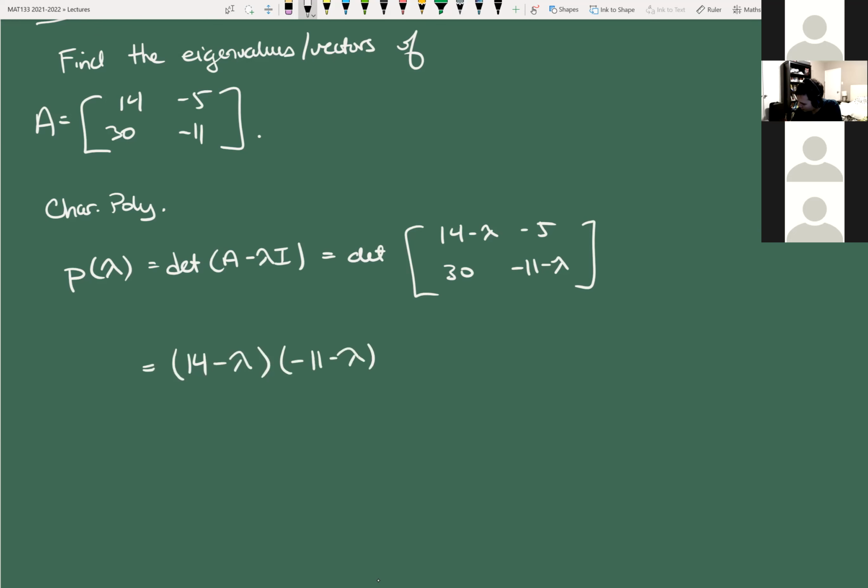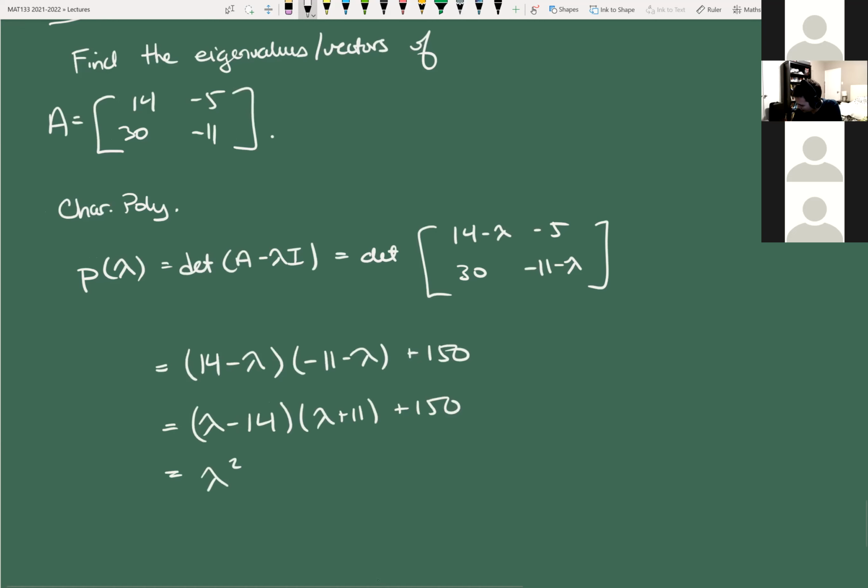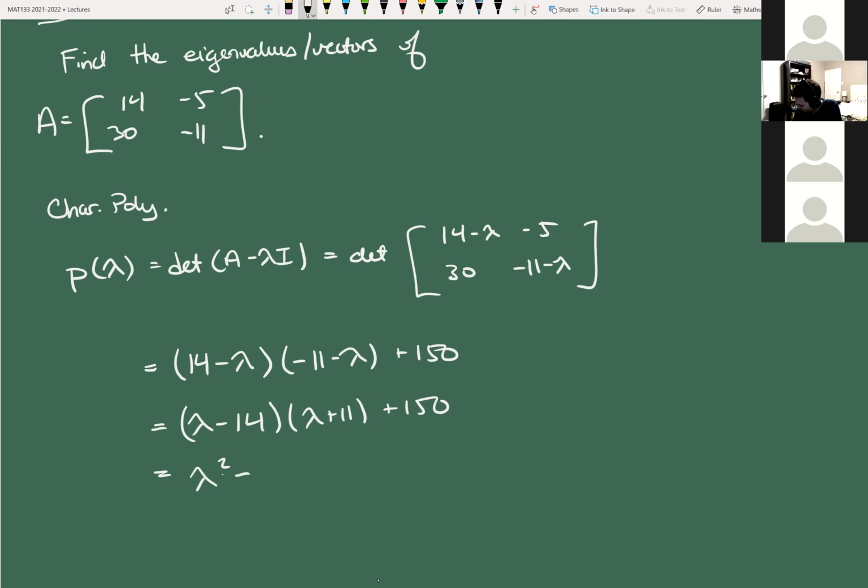So (14 minus lambda)(-11 minus lambda) plus 150. I am really worried about these numbers. So, lambda plus 11 plus 150. If I add 14 and -11, I should get 3, and if I multiply 14 and 11, that's 154.